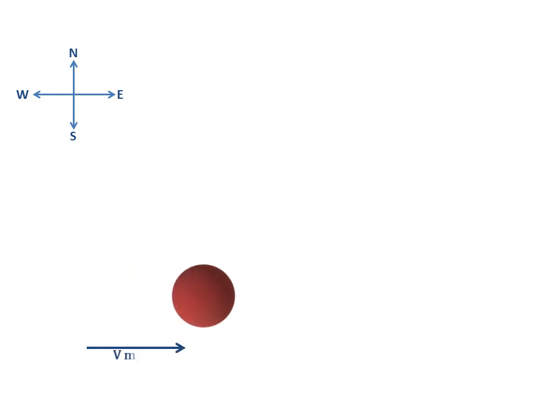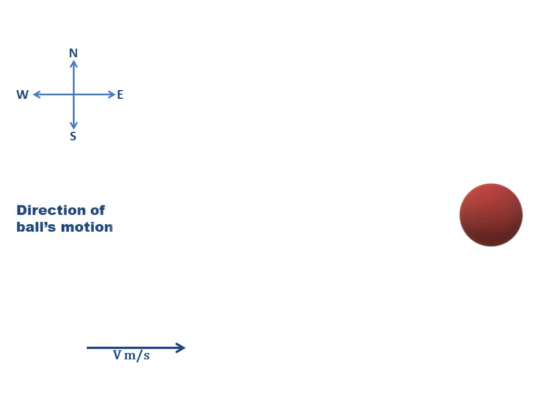Now, consider another ball which is not at rest but moving towards east with a velocity of v meters per second. And now I am hitting this ball with a stick towards north. See, the ball did not move towards north despite the direction of force being towards north. So in this case, the direction of the ball's motion is not the same as the direction of force.